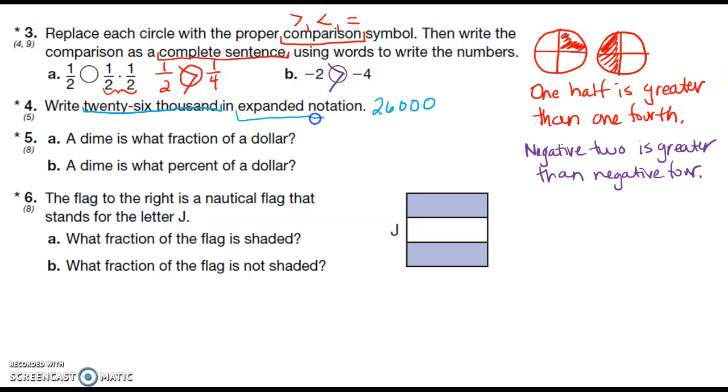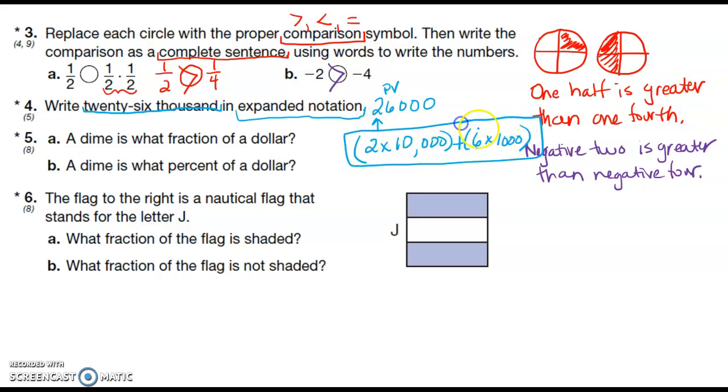And then when they ask us to do it in expanded notation, what we're doing is taking the number and multiplying by its place value. The 2 is in the 10,000s place, and the 6 is in the thousands place. And this is our answer right here. Okay? All right, number 5.